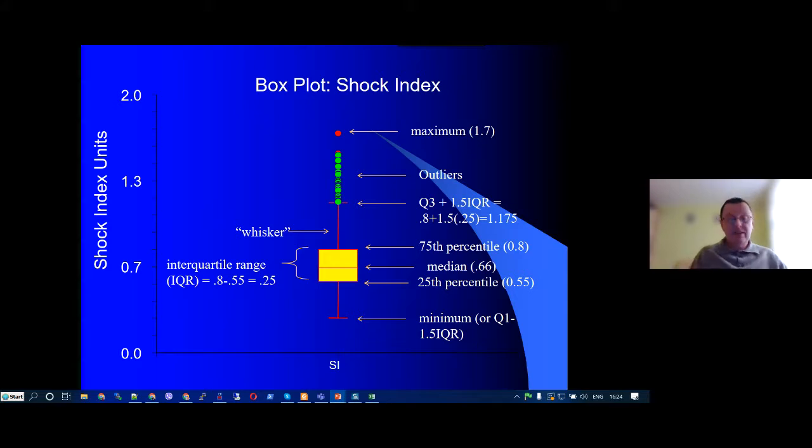So we have exactly the same representation of the past chart about how many patients suffer from a specific shock index, which is in fact visualized with a box plot.